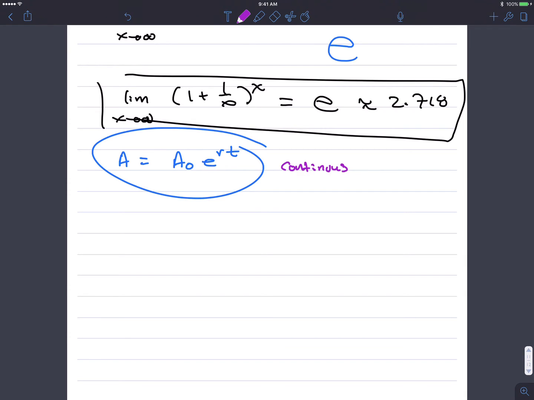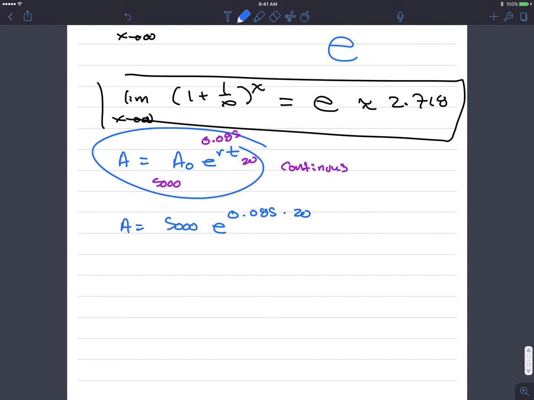Our initial deposit again was $5,000. My interest rate is 0.085 at 20 years. So the amount would be 5,000 e to the 0.085 times 20.